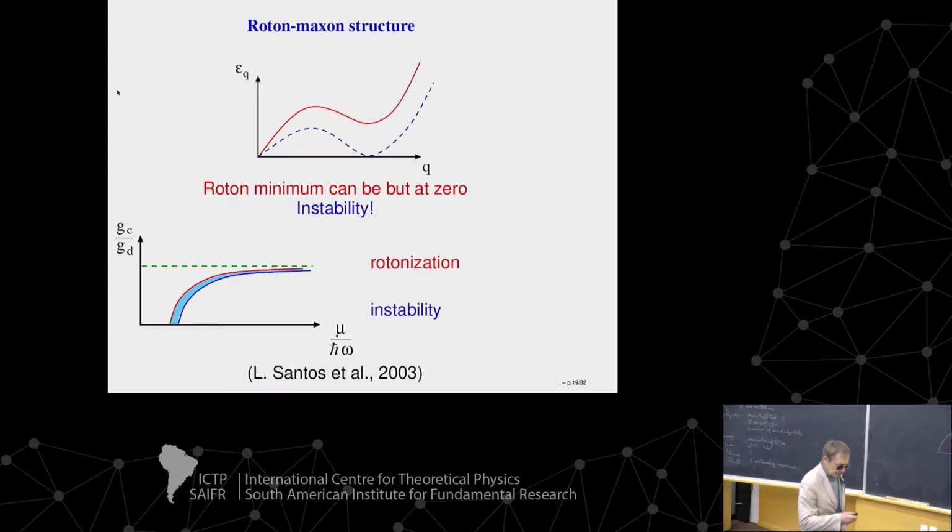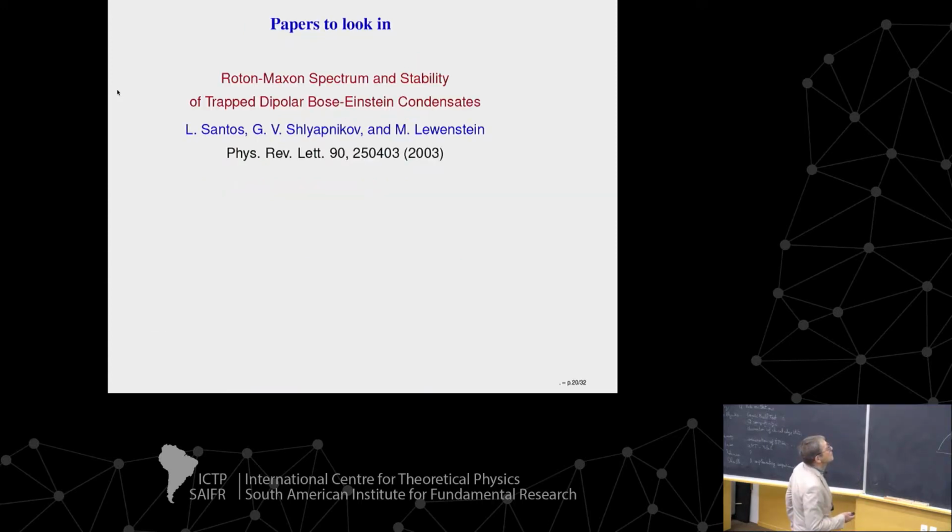I do not present here any formulas from this paper, but if you are interested in what people could do 16 years ago, just have a look at this paper. It's interesting. It's not the best paper among papers on dipolar systems, but it was actually one of the first papers where interesting phenomena were expounded, yes?